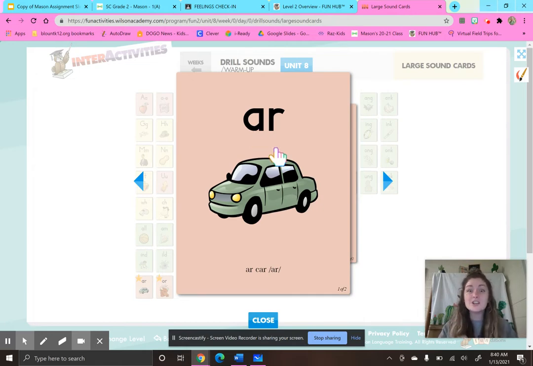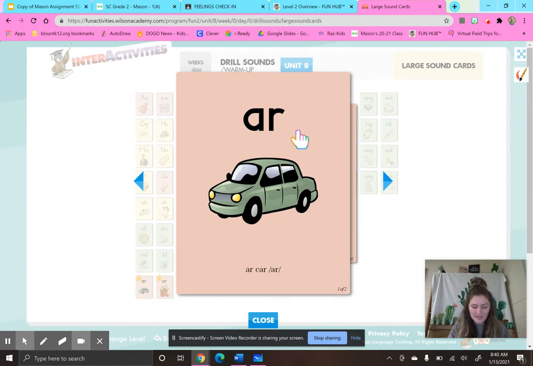It's being controlled by the letter R. Yesterday we had lesson 1 talking about AR and OR as R-controlled vowel syllables. So we have a word of the day that has an R-controlled vowel syllable.